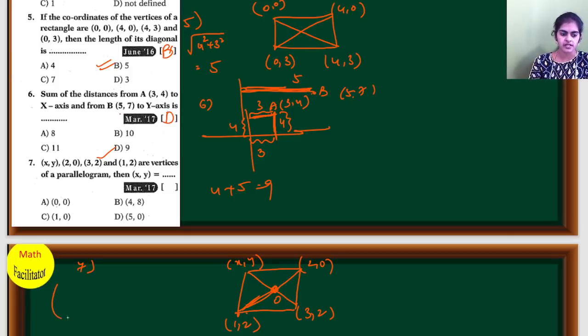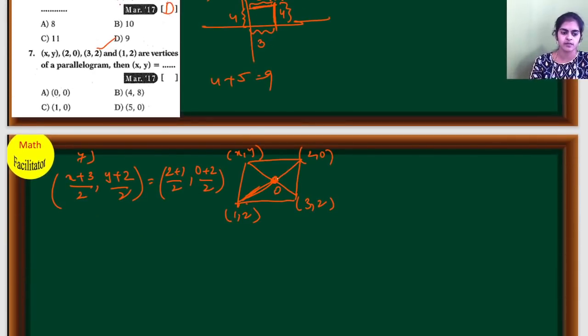So both the midpoints are equal. The midpoint formula you will use: (x plus 3) by 2 and (y plus 2) by 2 is equal to (2 plus 1) by 2 and (0 plus 2) by 2. So the midpoints of the diagonals are equal. Now if you want, you can write one more step.